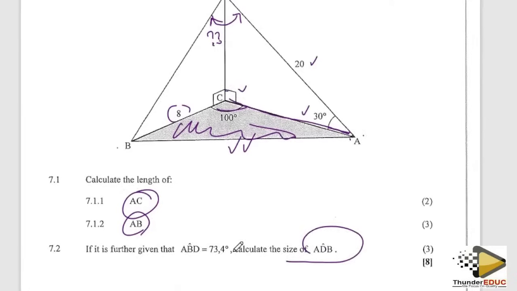We've been given ABD, all of this, to be 73.4. So this angle goes with that distance, and this angle can go with that one. Remember this second one, so it means we can use the sine rule.